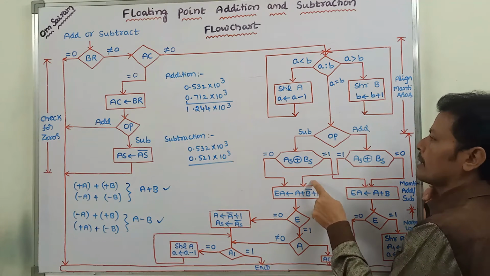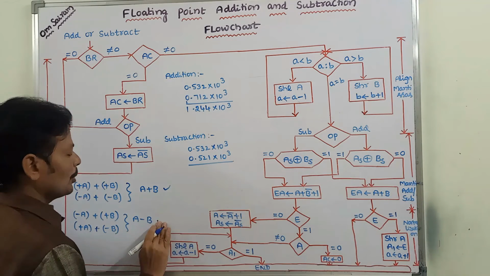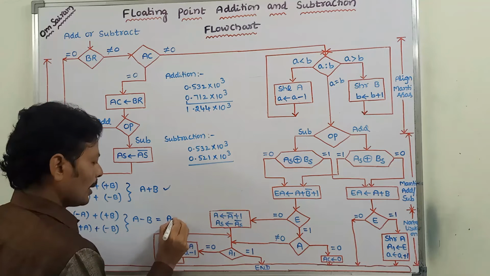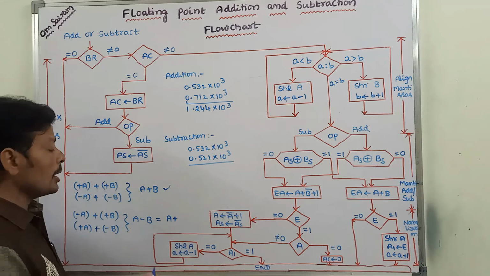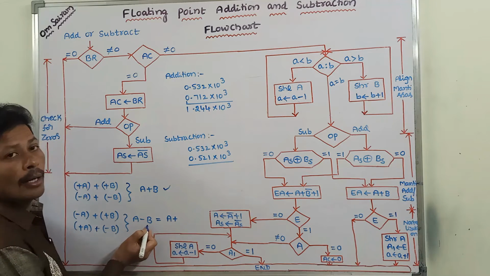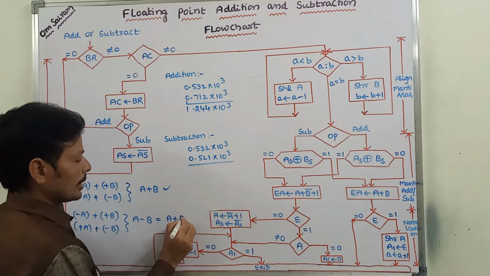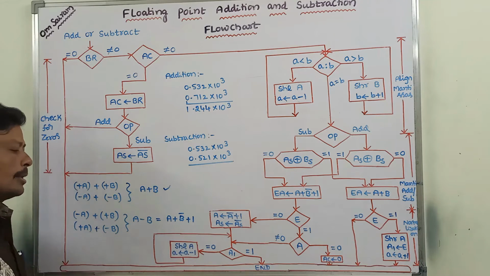For A minus B, subtraction operation is nothing but addition operation by complementing the subtrahend, that is B bar. After that we are adding 1.